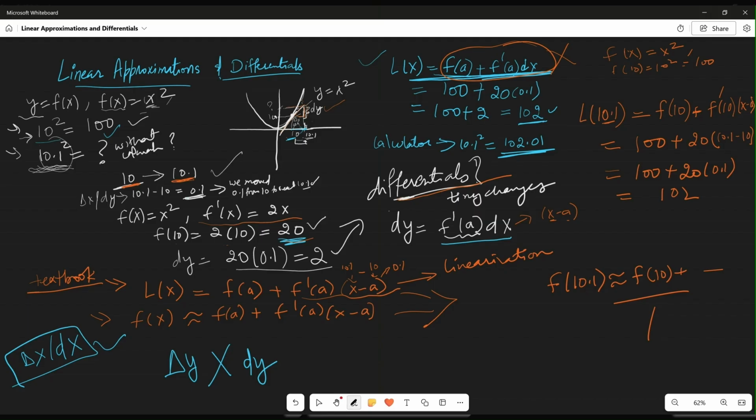But delta y is not the same as dy, as dy gives us the rate of change multiplied by the distance we moved, and delta y is the actual change, whereas dy is the approximate change.